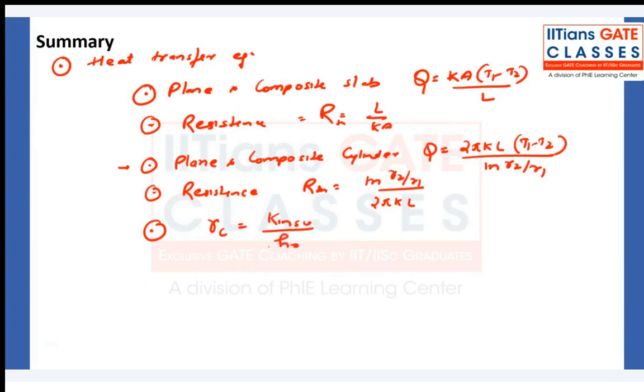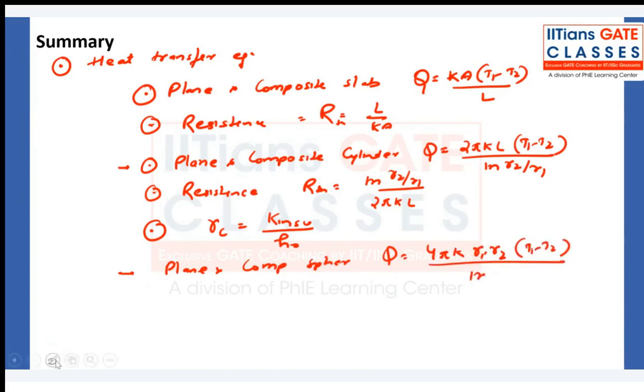Then we have talked about plain and composite spheres. Q equals 4 pi K R1 R2 (T1 minus T2) upon (R2 minus R1). And we have again introduced the concept of resistance here.